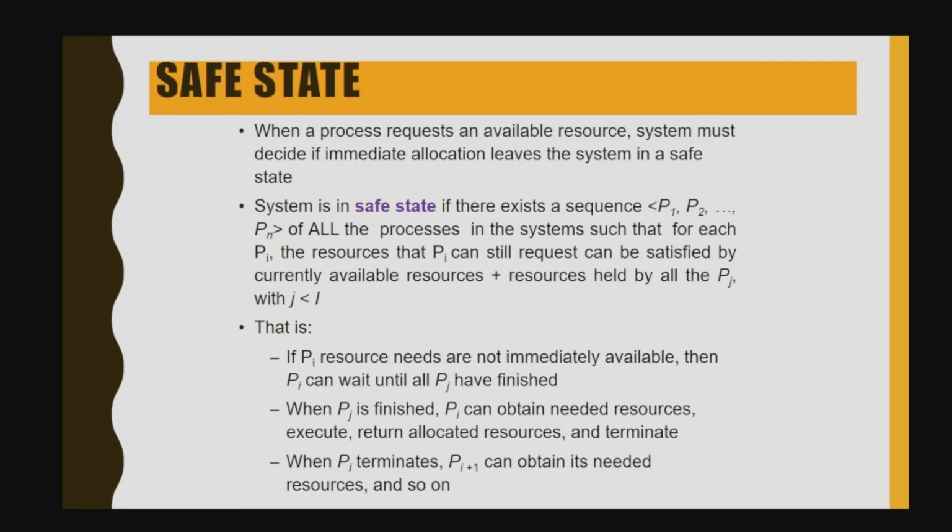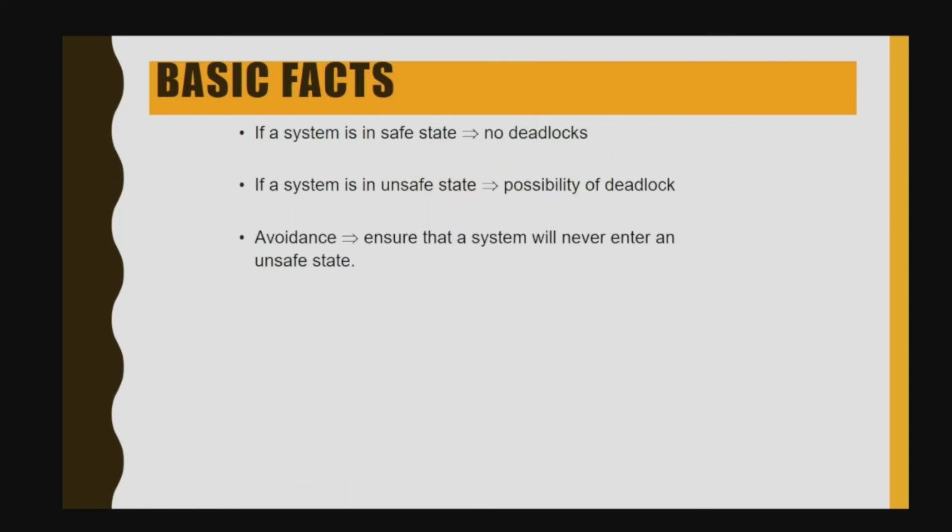It is a safe state because we still have enough resources that can be used by the processes that we have. If a system is in a safe state, there is no deadlock. No deadlock means we can run smoothly. If a system is in an unsafe state, the possibility of deadlock might occur.